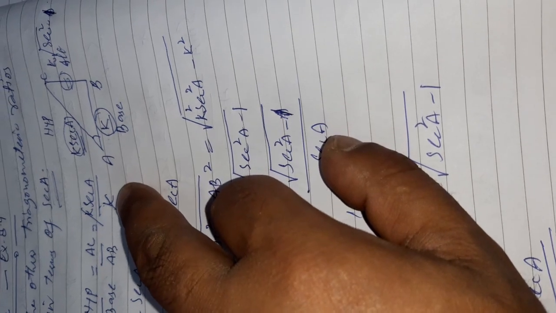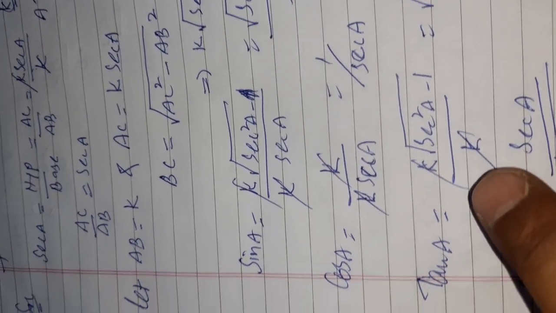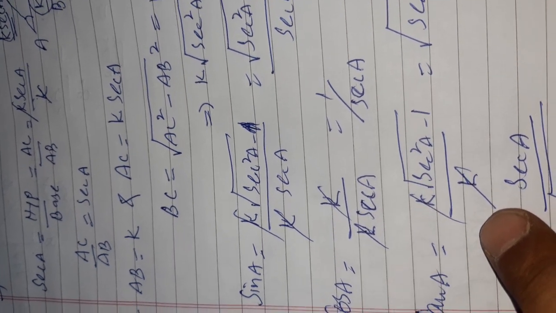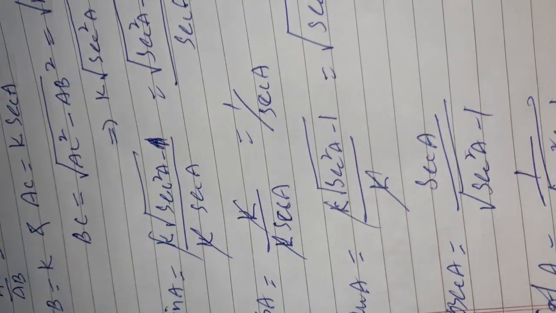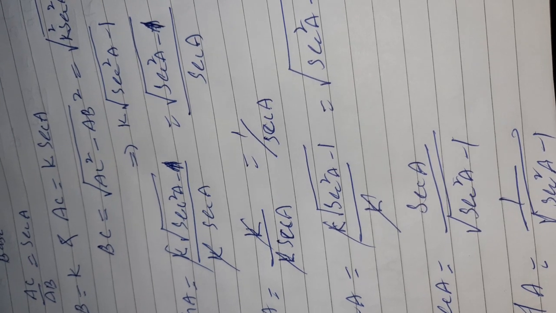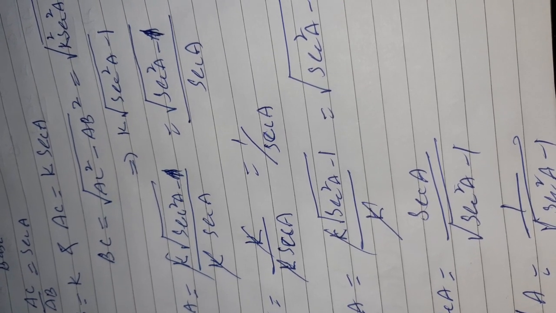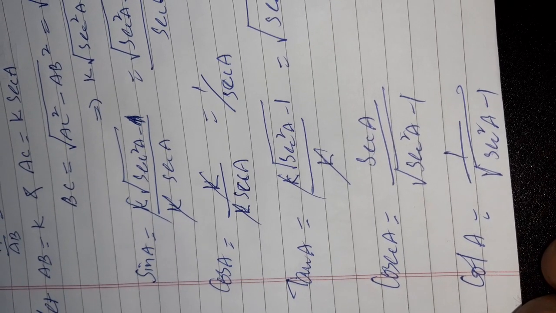K and K cancel out, under root of sec square A minus 1 by sec of A. And then the cos is 1 by sec of A. Tan is under root of sec square A minus 1. Then I take the cosec. Cosec is the reciprocal of the sine, that means sec of A upon under root of sec square A minus 1, and then cot of A is equal to 1 by under root of sec square A minus 1.